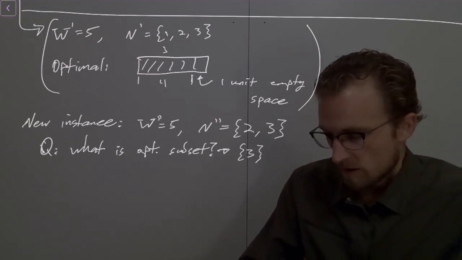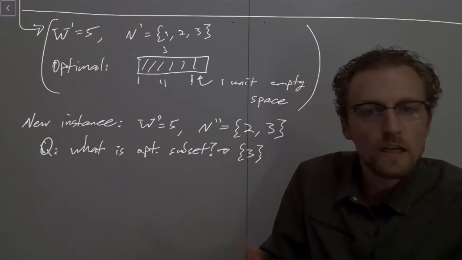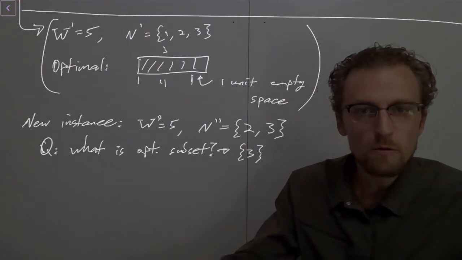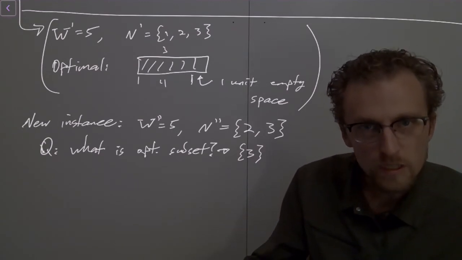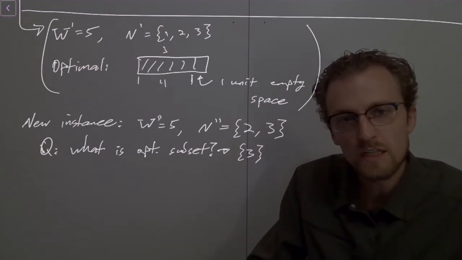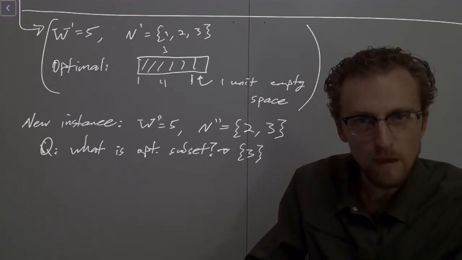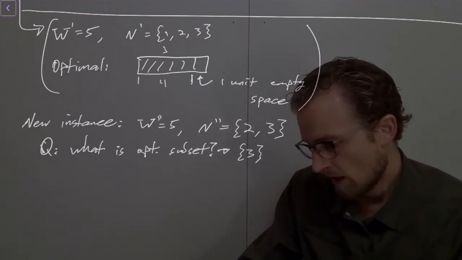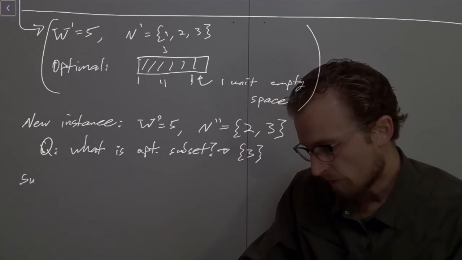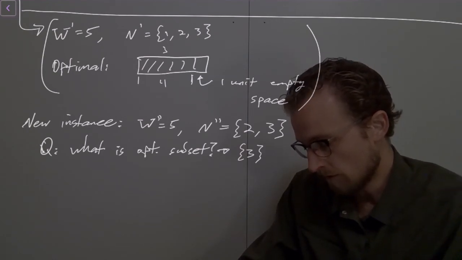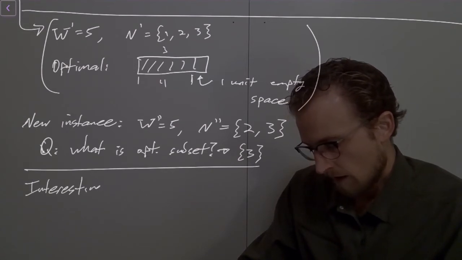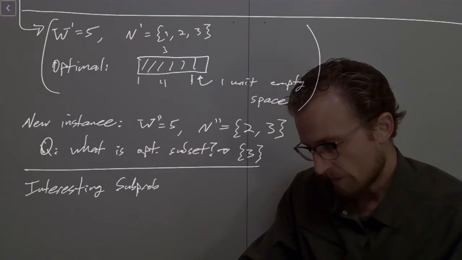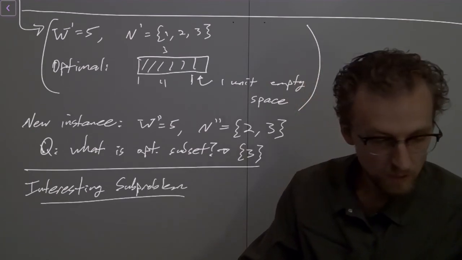So now let's think about how we could phrase this in the language of subproblems. And then in the next video, we'll start to put this together into an algorithm. We'll take this and write it down mathematically so that we can build an algorithm out of it. So the interesting subproblem for the knapsack is one that looks like this.